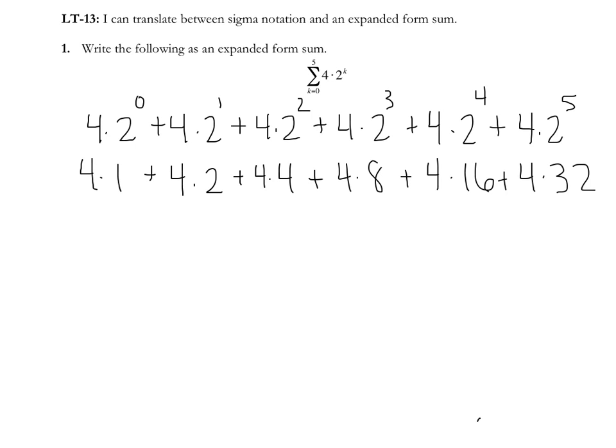Then I'm still left within each term with a product, and once again, I don't want to leave this term as 4 times 1, I want to write it out as 4. So we can find each of these individual products. 4 times 1 is 4, 4 times 2 is 8, 4 times 4 is 16, and so on.